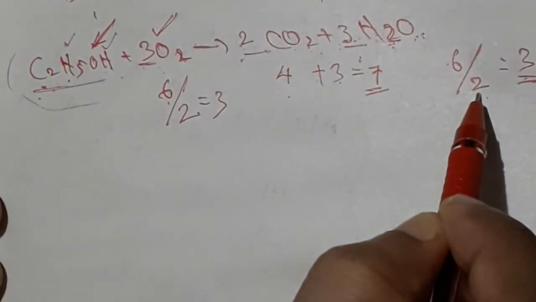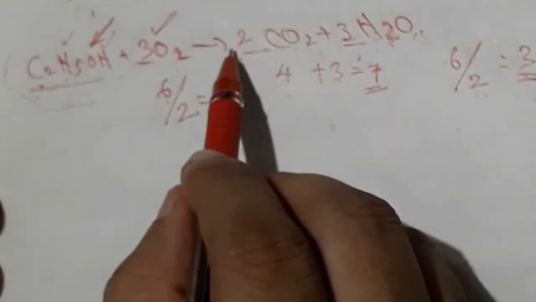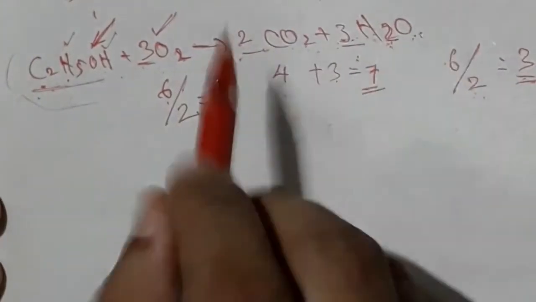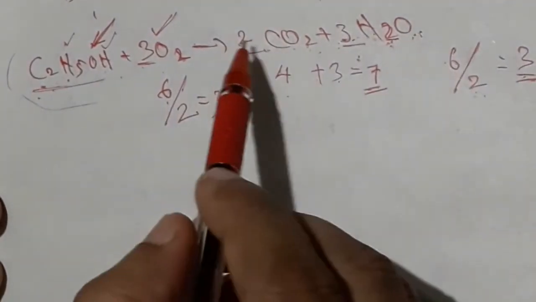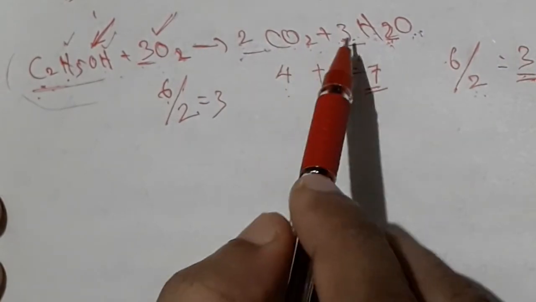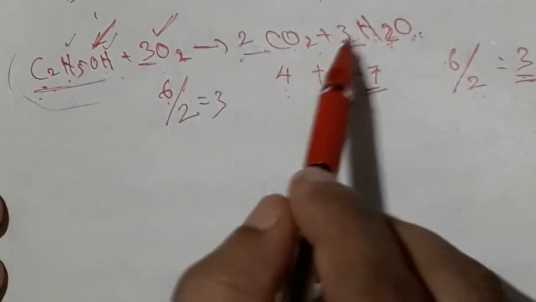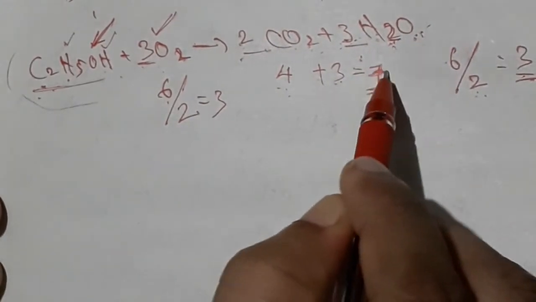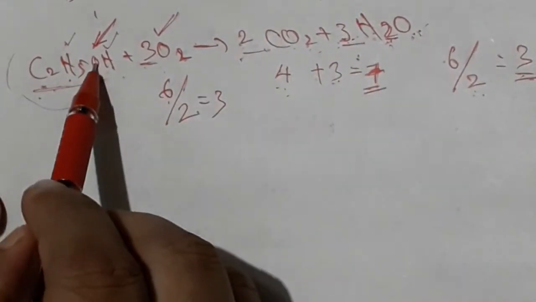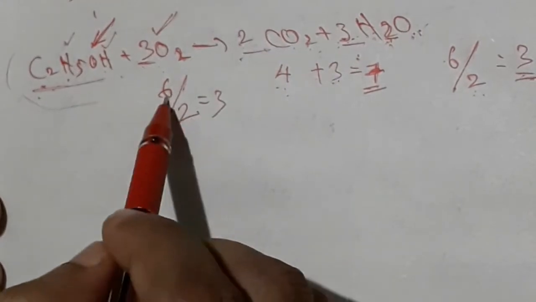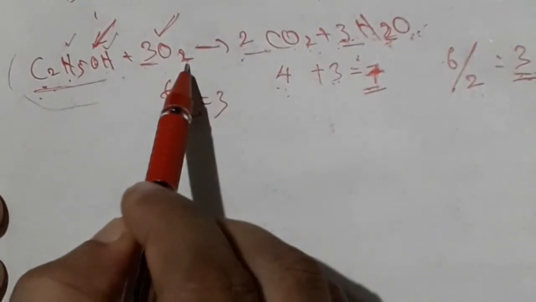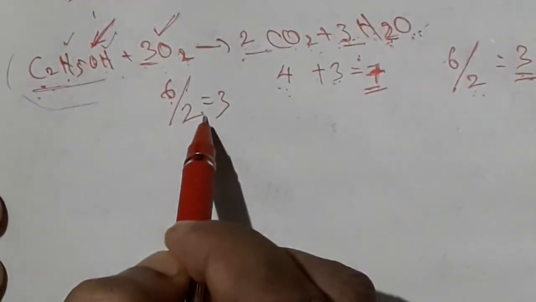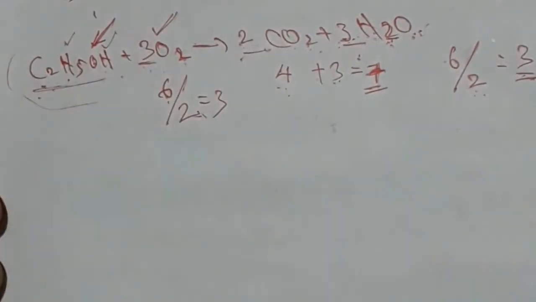Next we count total oxygen on the right-hand side: 2 times 2, 4. 3 H2O, 3 times 1. So 4 plus 3, 7 oxygen. Here already 1 oxygen, so we need 6 oxygen. Because of this 2 we divide, 6 by 2, 3.